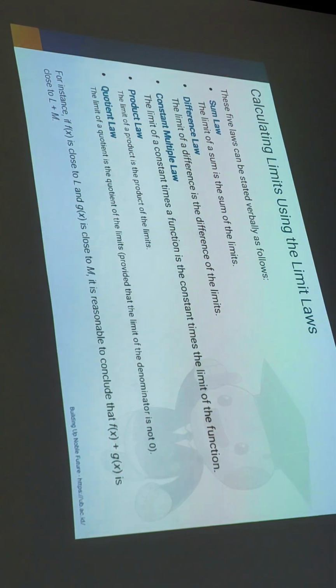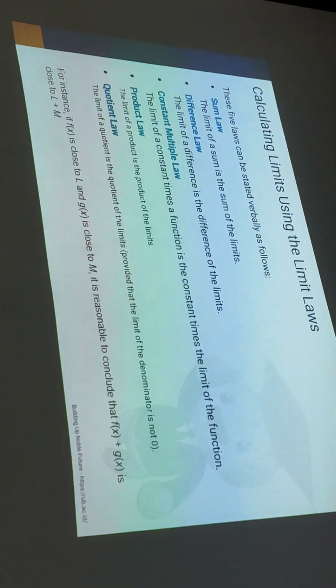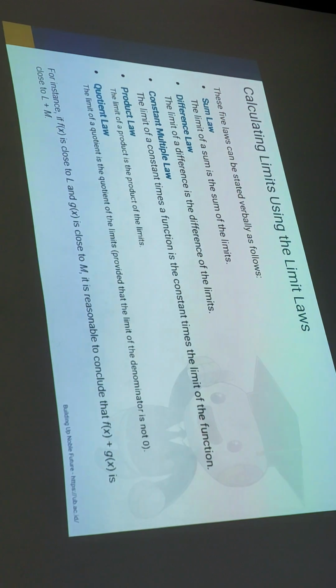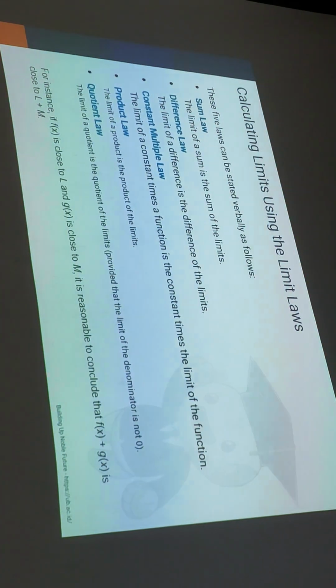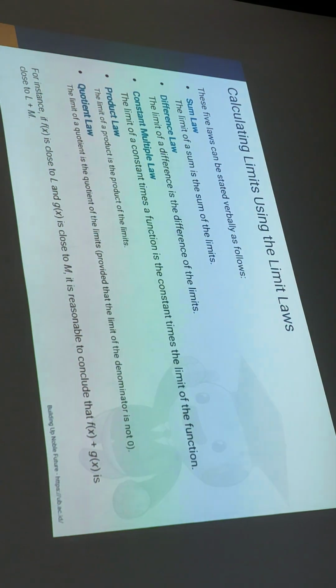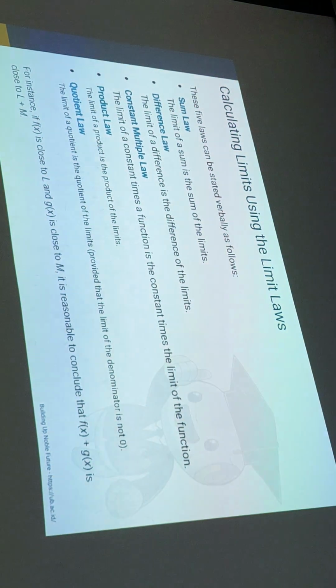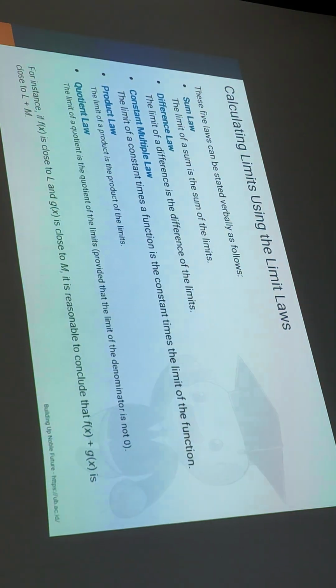Sum law: the limit of a sum is the sum of the limits. Like previously we learned about logarithmic functions, limits also have similar laws. So, for example, first, sum law.